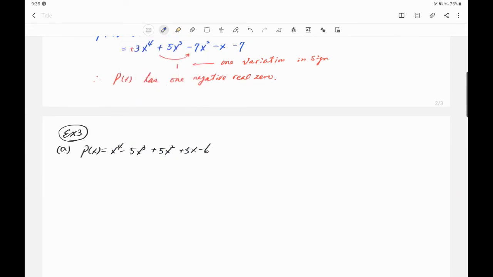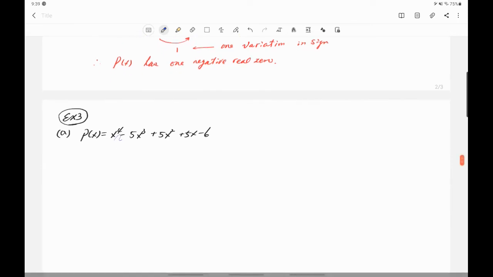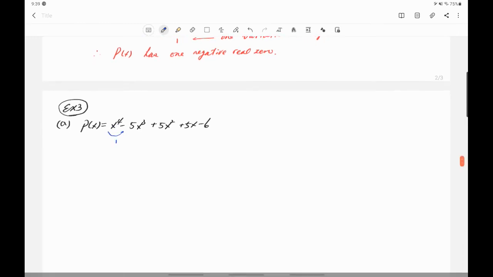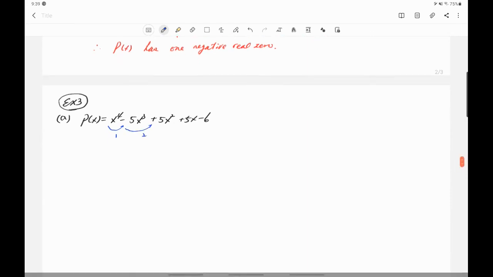All right, so using Descartes' rule of signs, let's determine how many possible negative zeros and positive zeros there are. First, let's find the positive zeros. Let's find the variations in sign. This one, there's 1. Negative to plus, another one. Plus to plus we don't count.